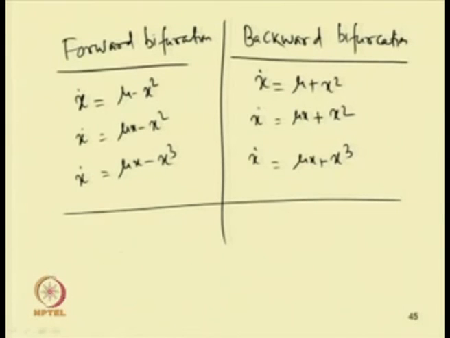Also, you can plot these cases: x dot equal to mu x plus x cube minus x to the power 5, and x dot equal to mu x plus x to the power 5.